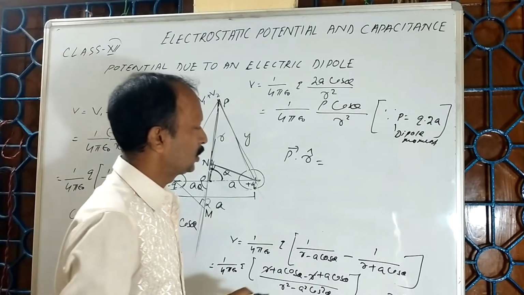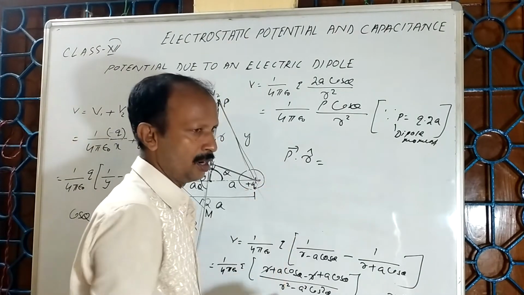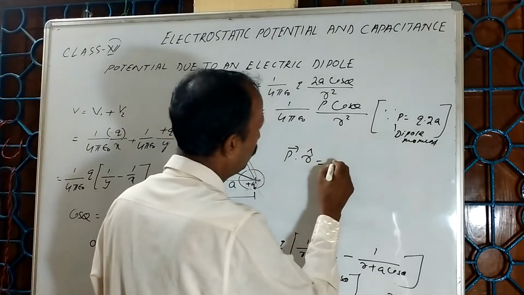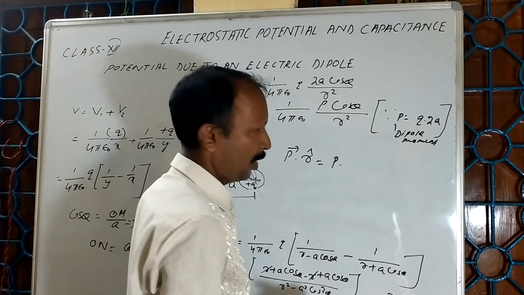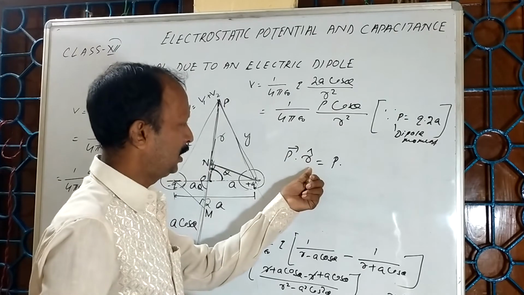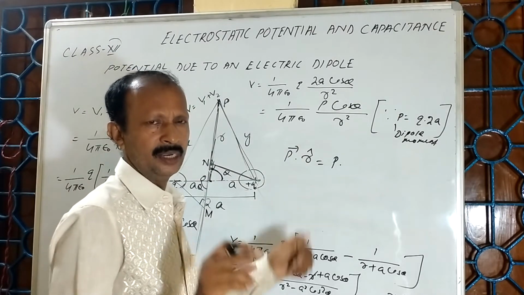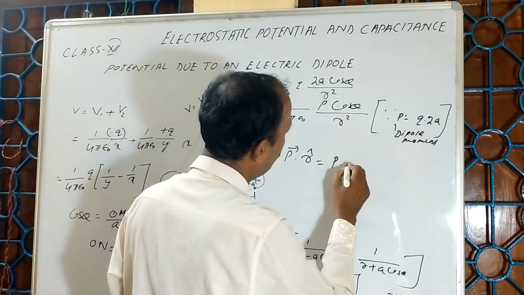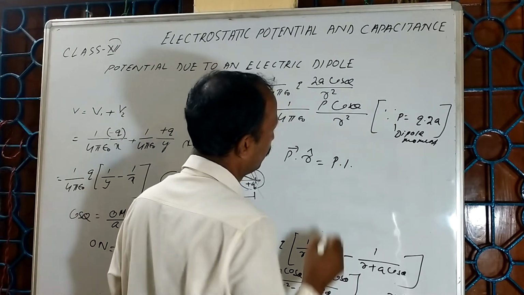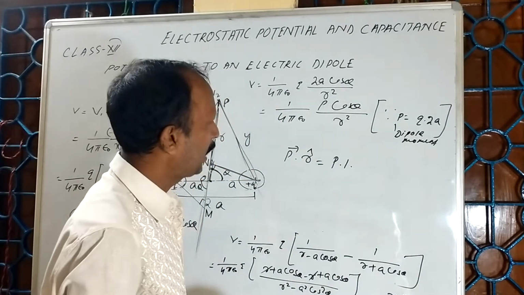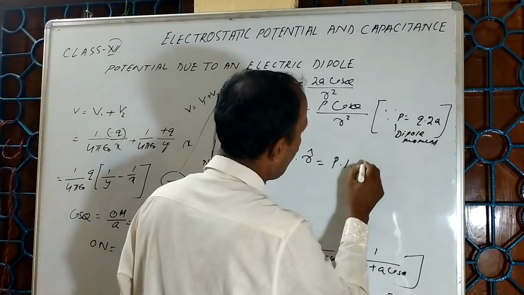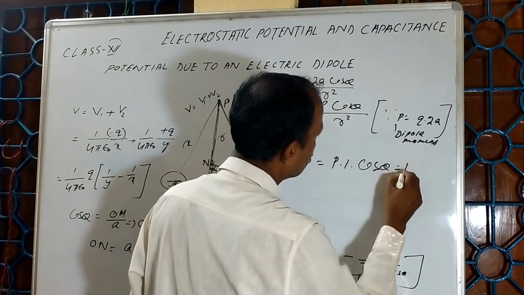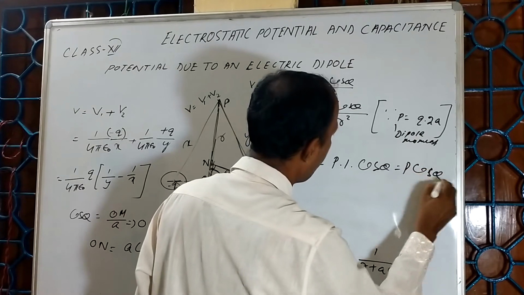In dot product, we do their product. Here the unit vector, its magnitude is 1. That means P into 1 into cos theta, that means P cos theta.